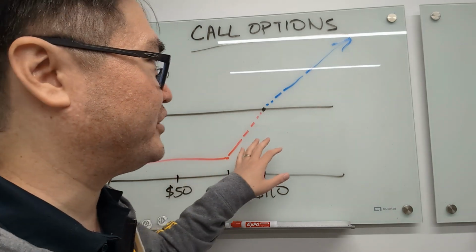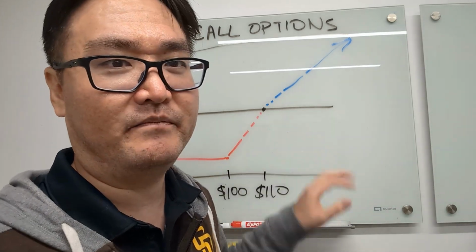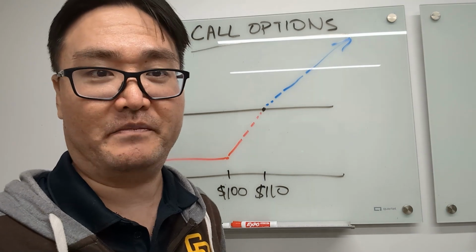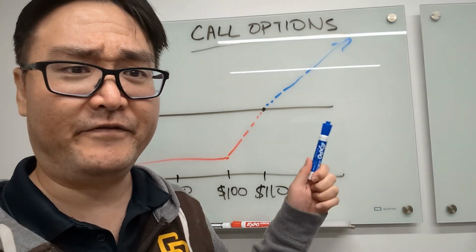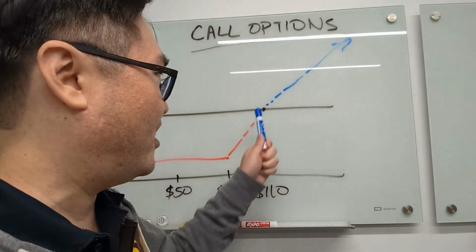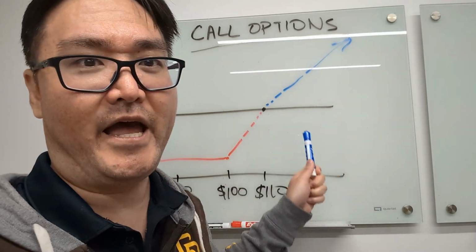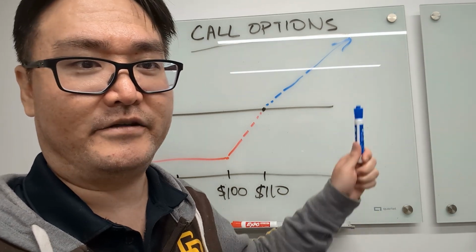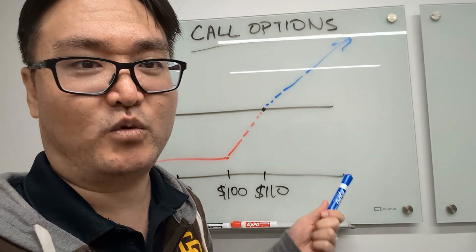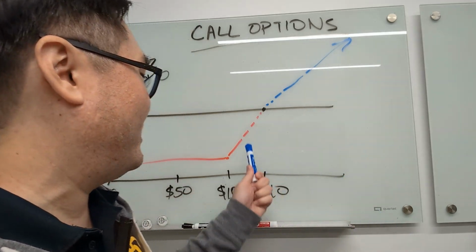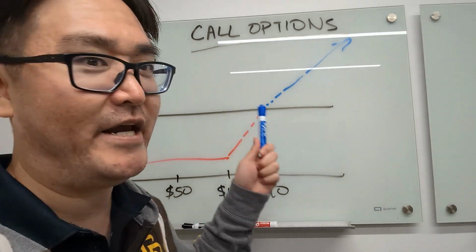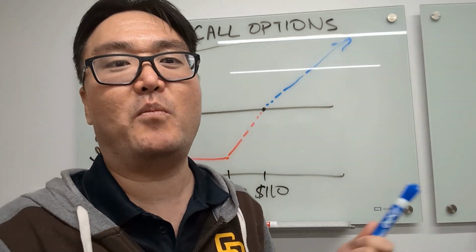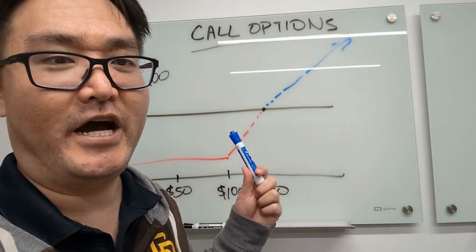But as you can see, this is also a directional wager, because if the stock doesn't go beyond your break-even point, and let's say it hits 105 or 109 or whatever, there will be no point in exercising.